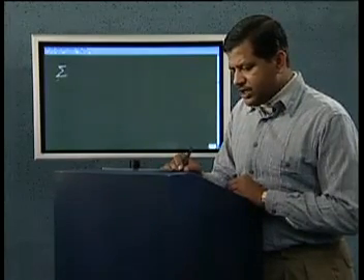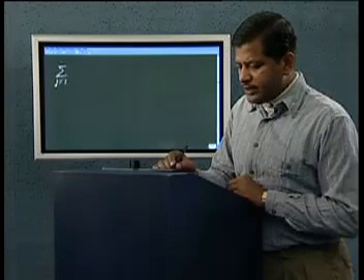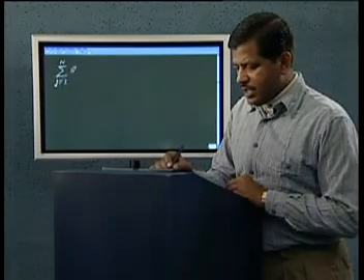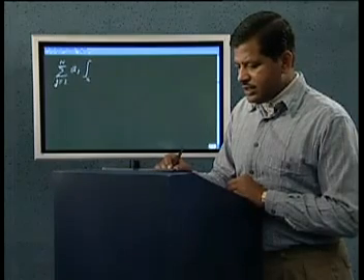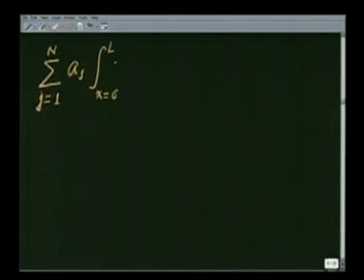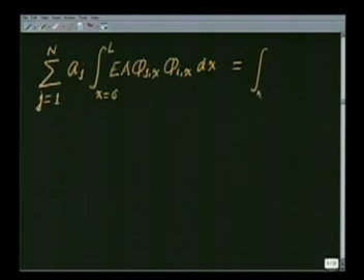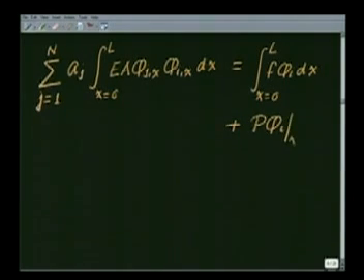Sigma j equal to 1 to n aj integral x equal to 0 to L Ea phi j comma x phi i comma x dx is equal to integral x equal to 0 to L f phi i dx plus p phi i evaluated at L.